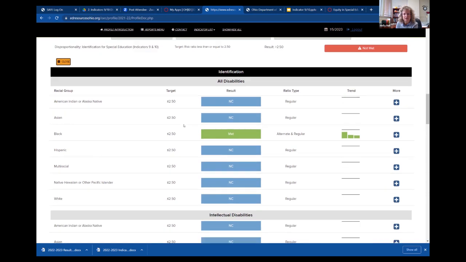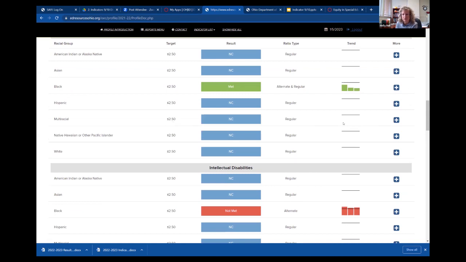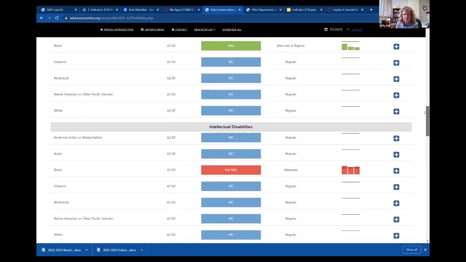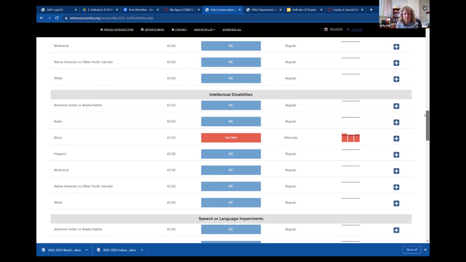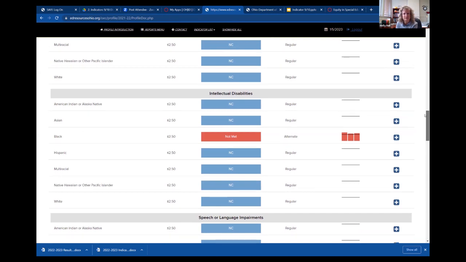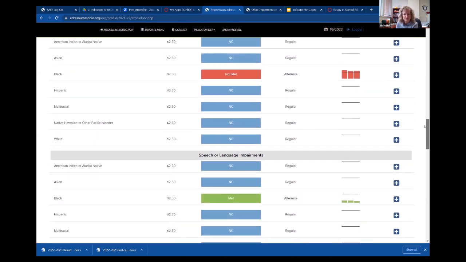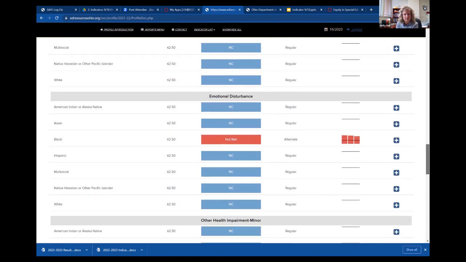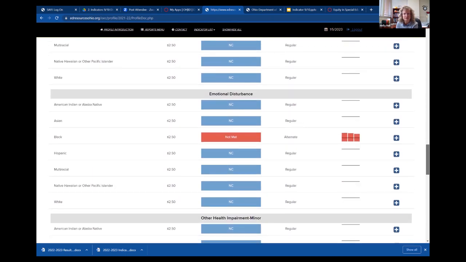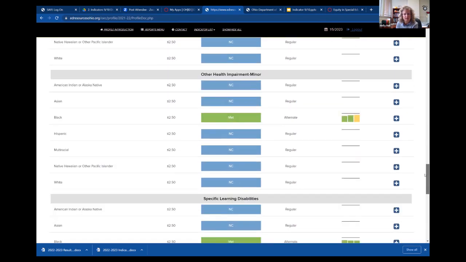And so, of course, we see the not met tab here, and as we click open the action, you'll see all disability categories listed first and foremost. And I'm going to scroll here where you'll see intellectual disabilities identified. You'll see emotional disturbance identified for this particular sample district.